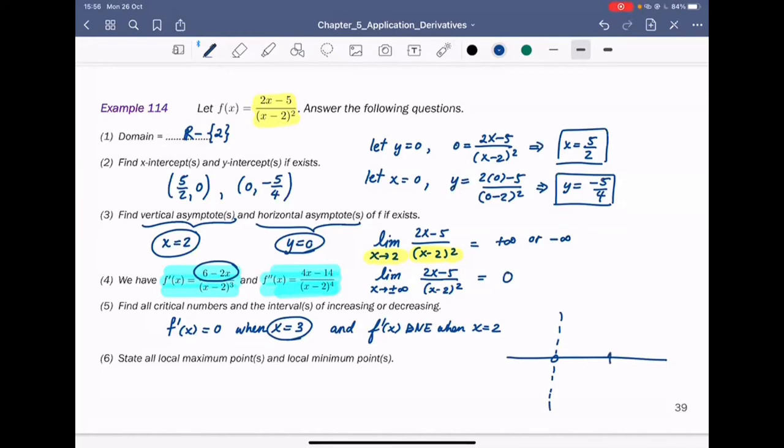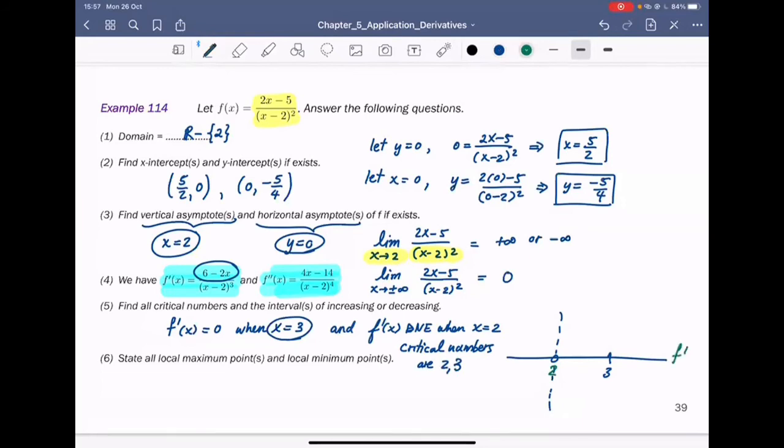But x equal to 3 is our critical point, critical number. Actually, all critical numbers are 2 and 3, but 2 is not in our domain anyway. All right, here we have 2 and 3.